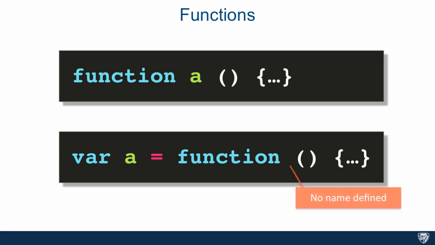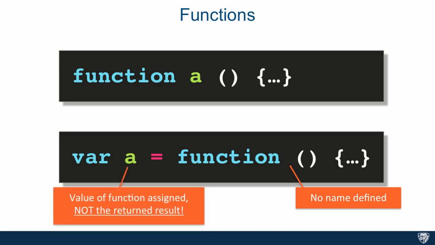When you do it the second way, no name is defined after the function keyword. However, either syntax lets you refer to this function as a. Notice that the value of the function is assigned to a, not the returned result of the execution of that function. So after either of these definitions, you could now invoke, otherwise known as execute, the function by referring to it by its name a.